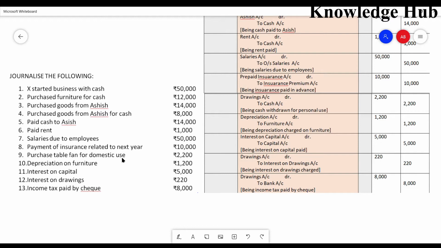So, this is a kind of a drawing of the proprietor which he is using. He is taking out the money from the business to purchase a fan which he will be using at his home and not in his office. It's for the purpose of a domestic use. So this will be treated as a drawing.